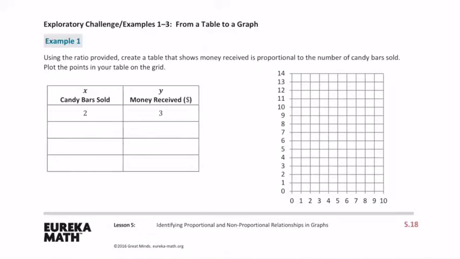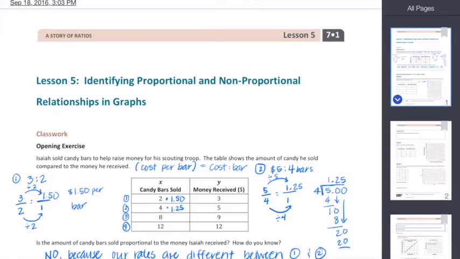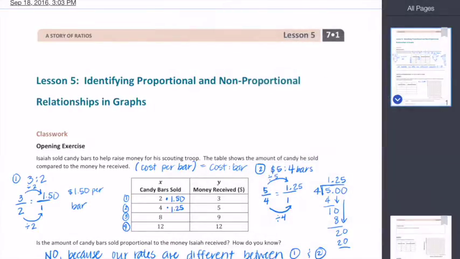We know that money received to candy bars sold is going to be $3 to 2 bars. I want to add a page because I need more space. So we know that our ratio is $3 to 2 bars.